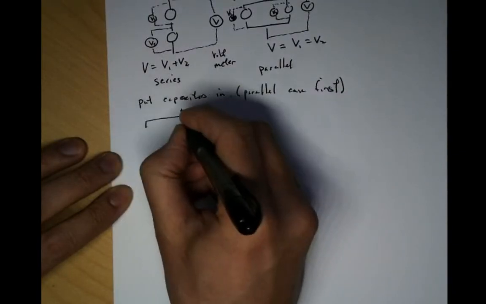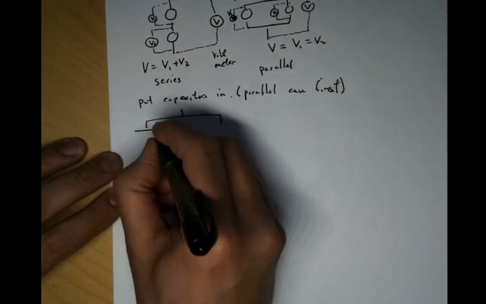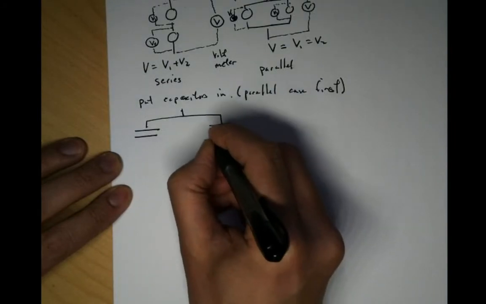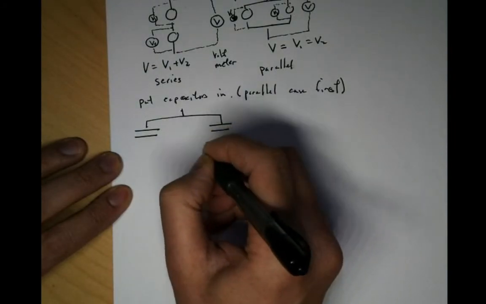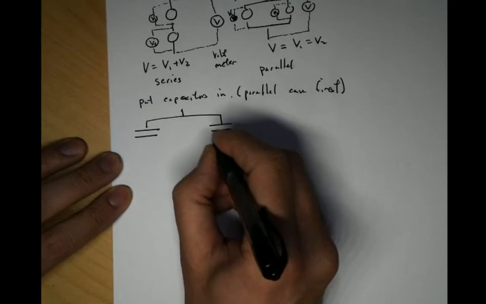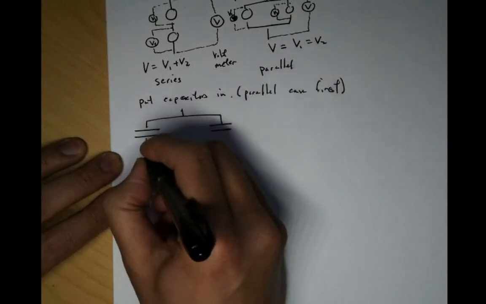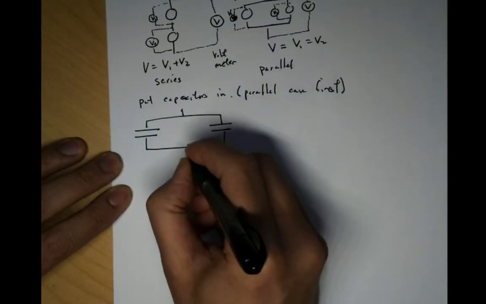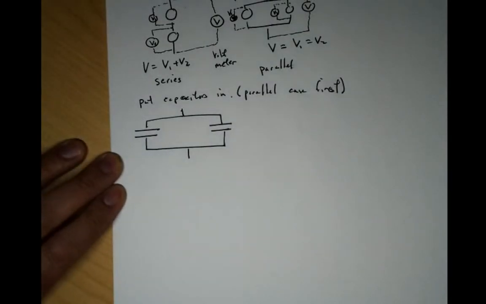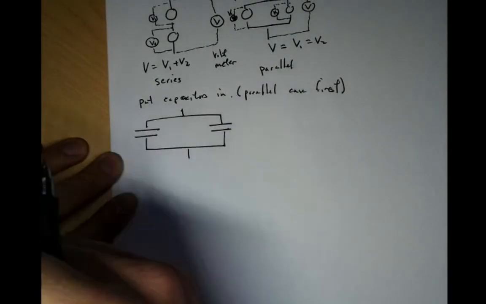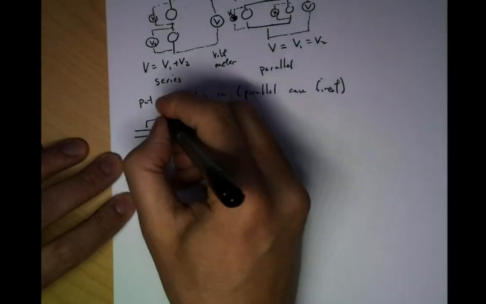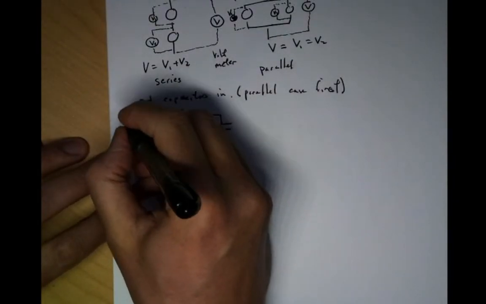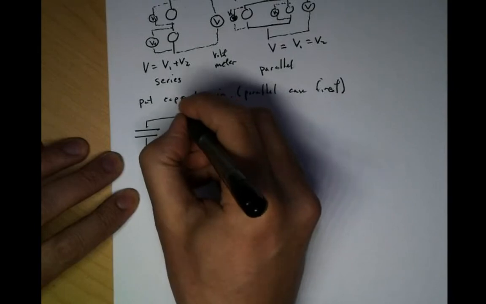So there it is. I'll put my capacitor there. The capacitor is basically denoted by two straight lines. And I'm going to just dump some charge in this thing. So basically, pour some current in here.